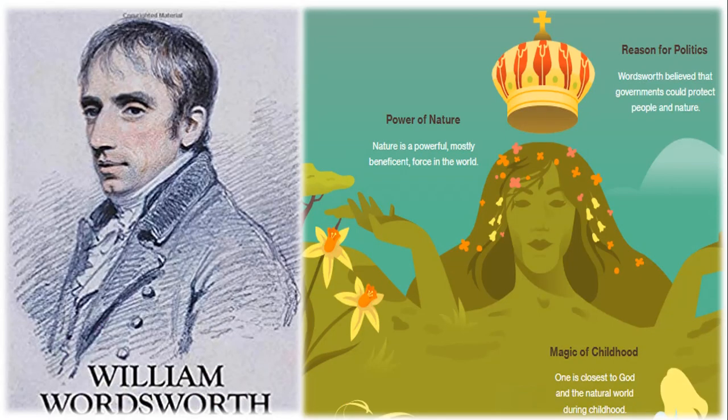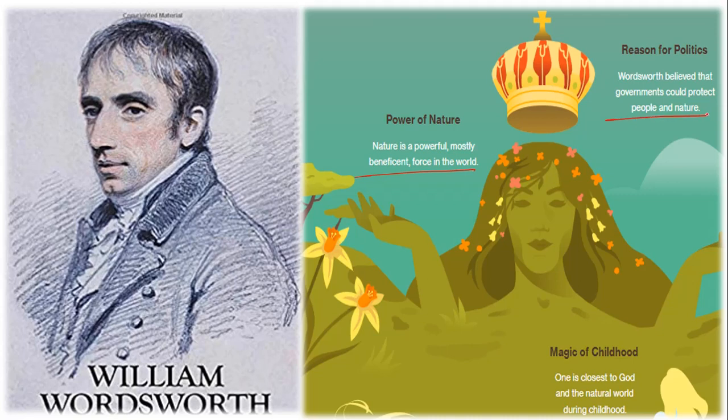William Wordsworth was an English poet who wrote on various topics, although a majority of them were about nature and its beauty. According to William Wordsworth, nature is a powerful, mostly beneficent force in the world. So, he believed in the power and the beauty of nature.